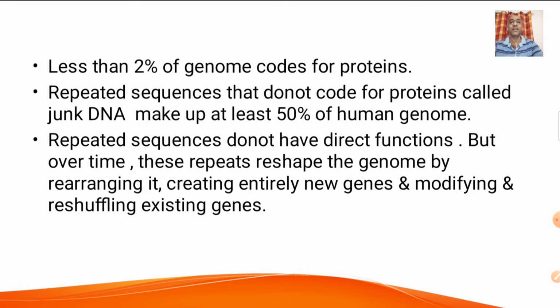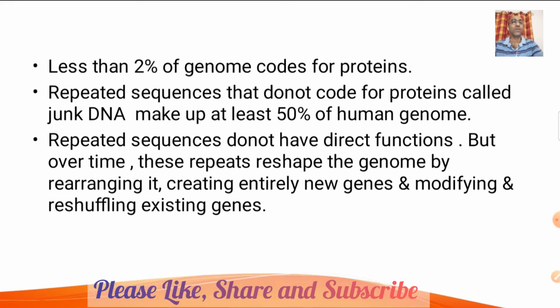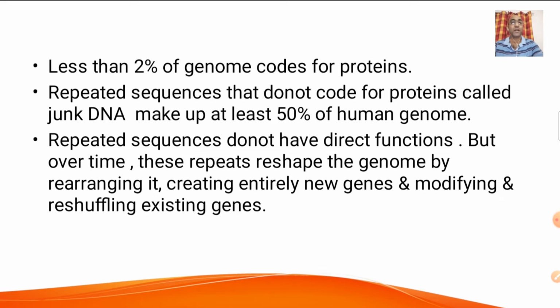Got it? Repeated sequences that do not code for proteins are called junk DNA, which make up at least 50% of the human genome. So out of the total human genome, 50% is made up of junk DNA, which does not code for any proteins. The repeated sequences do not have direct functions.